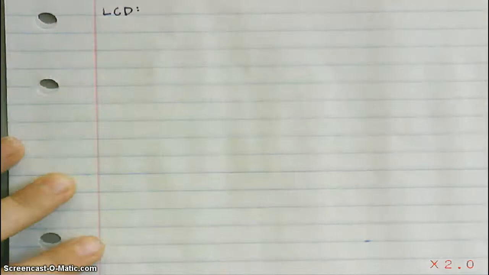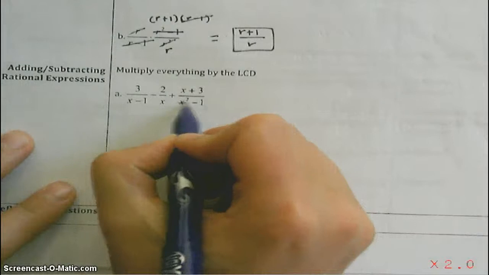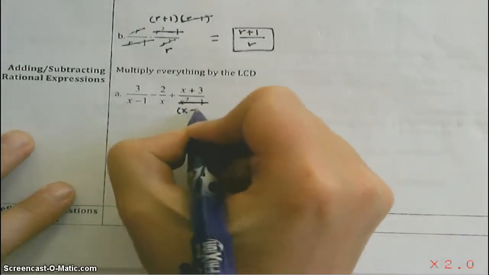What you're going to do is get a least common denominator. That's just going to take one factor that's included in each of the denominators that were given. And if it helps, and I think it will always help, go ahead and factor everything out.